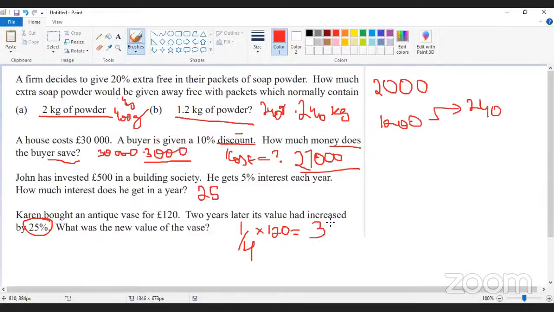For 2 years later, the value was increased by 25%. So that would be 40 or 30? Increased by 30, yeah. So what was the new value? Then that is 120 plus 30. 150, sir. Yes. Okay, clear with this?